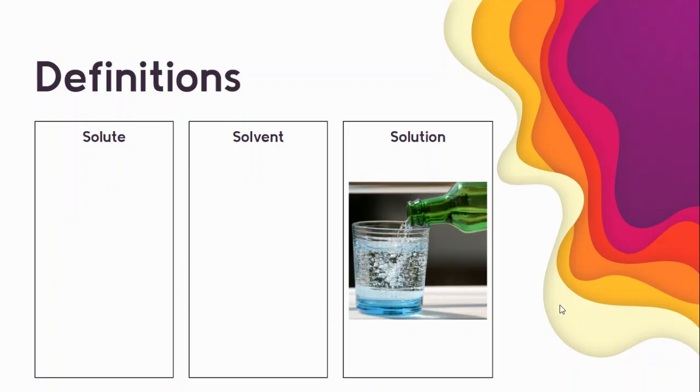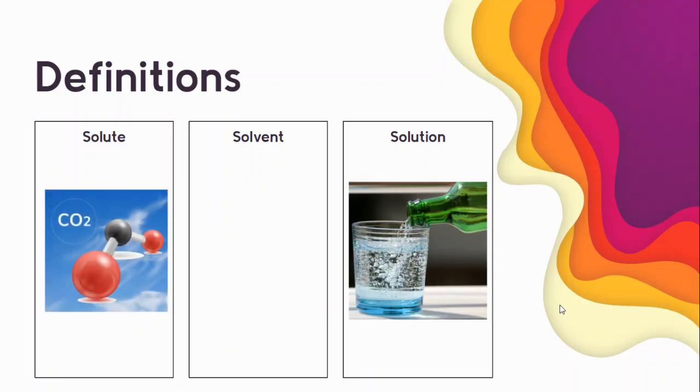The next one is carbonated water. So what do you think the solute and the solvent are for that? This one is tricky because the solute is not a solid. The solute is actually a gas. We're dissolving carbon dioxide gas into water to make carbonated water.